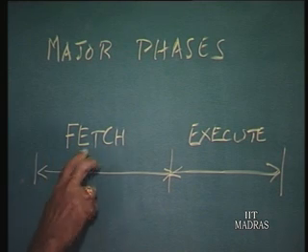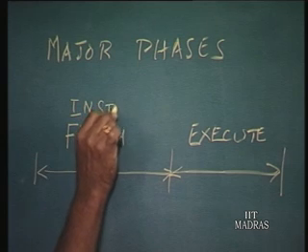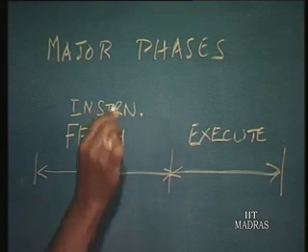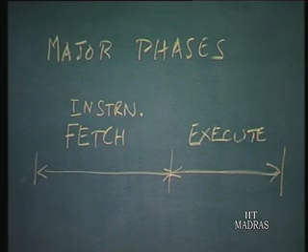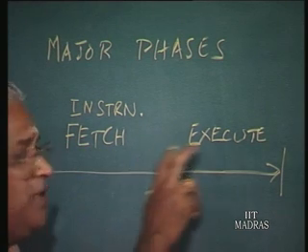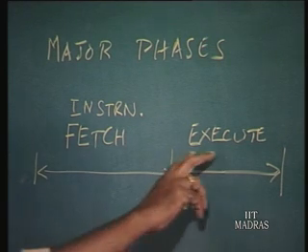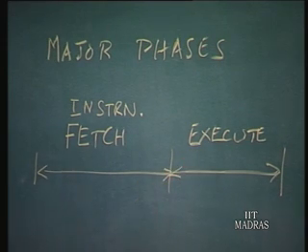So, when we talk about fetch, essentially what we are talking about is instruction fetch, and fetching an instruction is always the first thing to do. After it fetches the instruction, then as part of the execute phase, the data will be fetched, 1 or 2 or more, and then the actual operation will also be carried out.